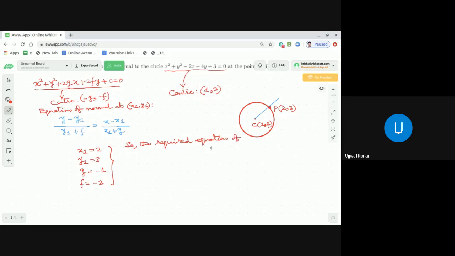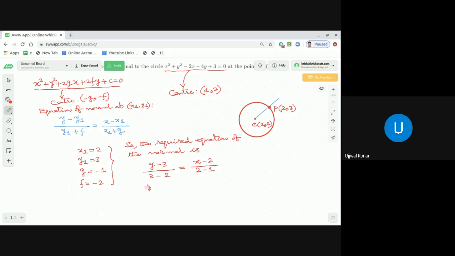The required equation of the normal is y minus y1, that is y minus 3, divided by y1 plus f, that is 3 minus 2, equal to x minus x1, that is x minus 2, divided by x1 plus g, that is 2 minus 1.